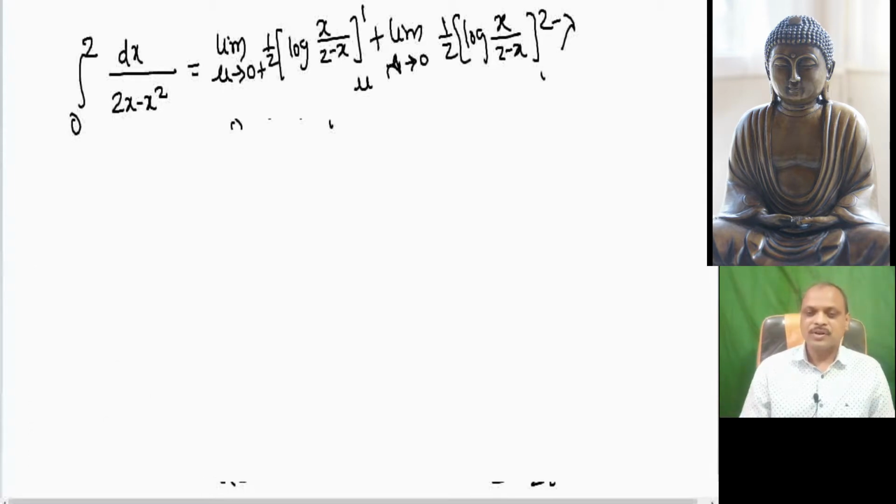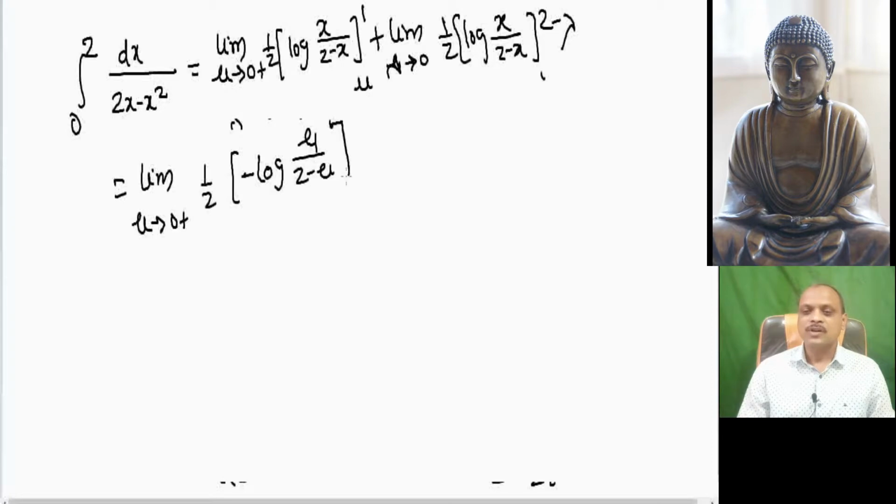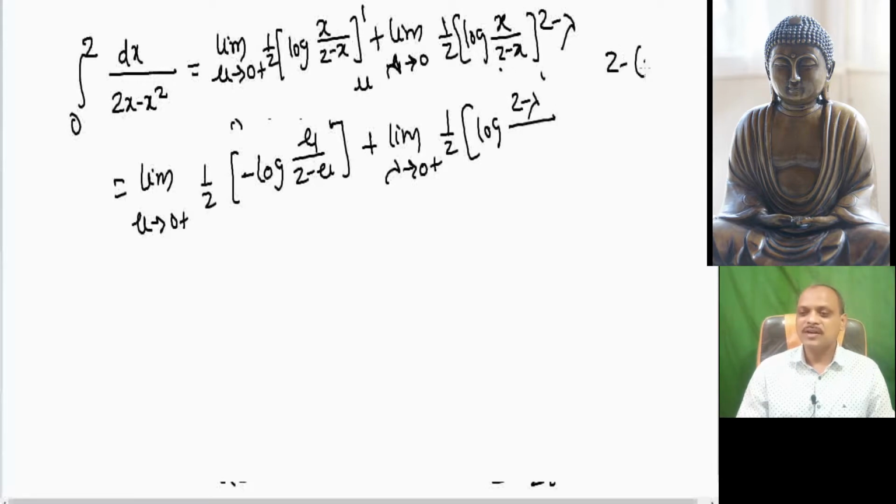equals the limit mu tends to 0 from right of 1 by 2 into, at the upper limit x equal to 1, we have 1 divided by 1, log of 1 is 0, and hence minus log of mu divided by 2 minus mu, plus the limit lambda tends to 0 from right of 1 by 2 into, at the upper limit, log of 2 minus lambda divided by 2 minus 2 minus lambda.